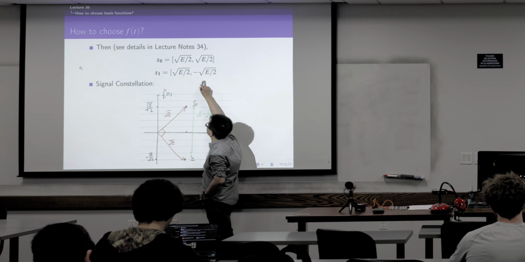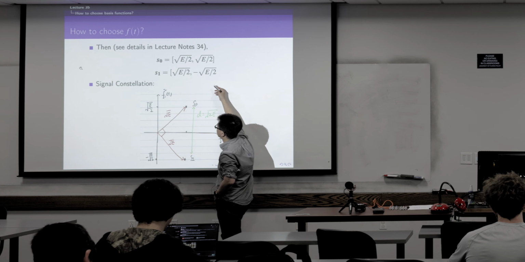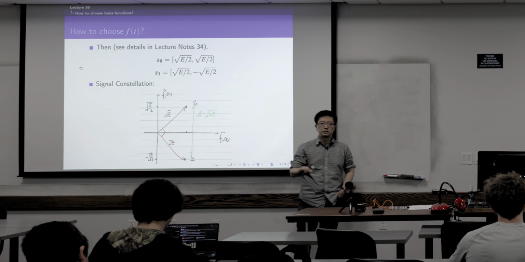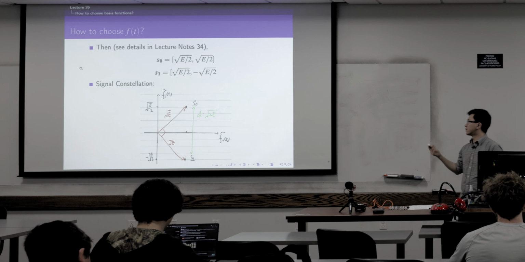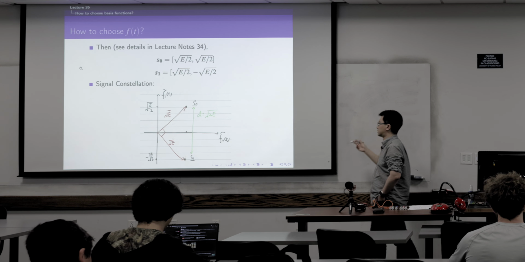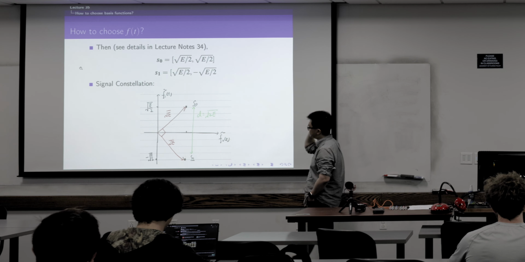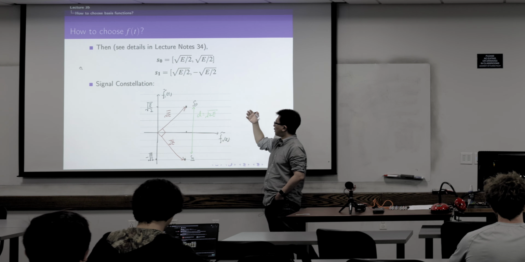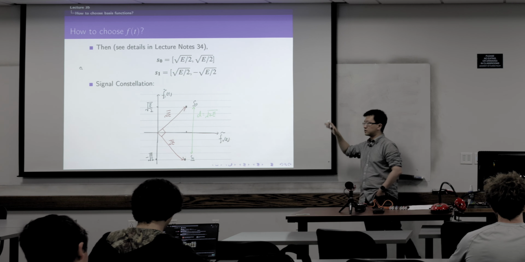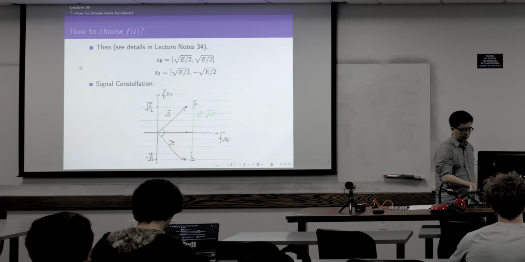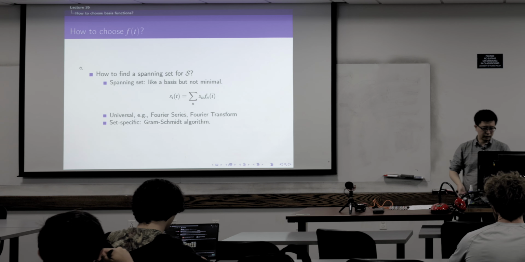So this is the vector space representation of our original signal. It's really like the Fourier transform or Fourier series: we use basis functions to represent our original signal. Here we just see that those are another basis that are orthogonal to each other.